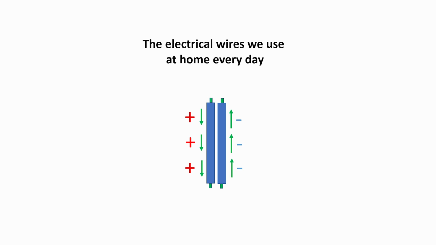Let's take a moment to talk about the electric wires we use at home every day. This seems to be an easy approach to explaining how the antenna works. As you know, these wires typically come in pairs. When one carries positive electric current, the other carries negative current.